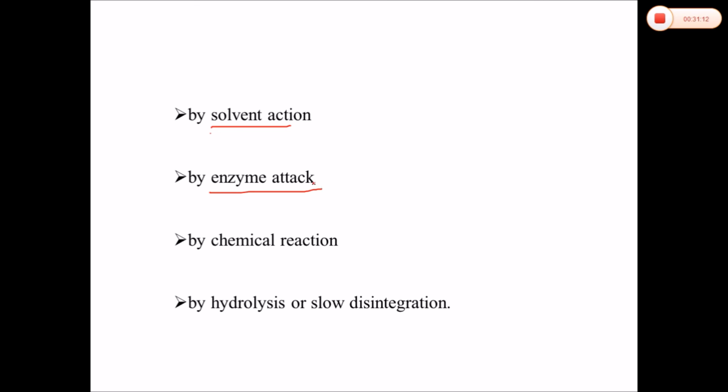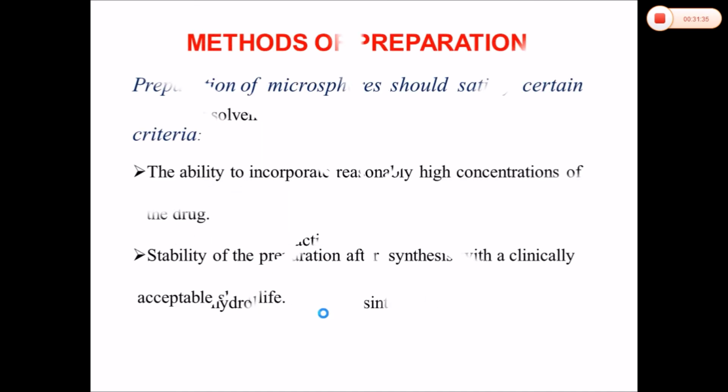Depending upon the enzymatic attack, the wall will rupture or diffuse and release its medicament. Also by various chemical reactions, the coating material will be disrupted and release the core materials under specific conditions, and by hydrolysis or slow disintegration.